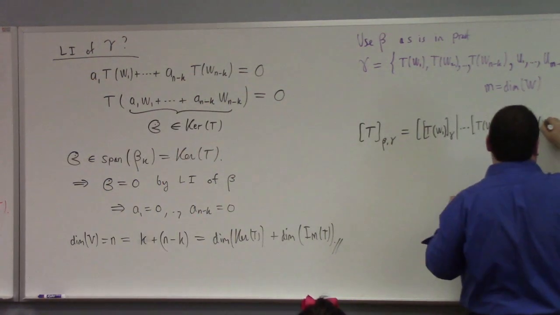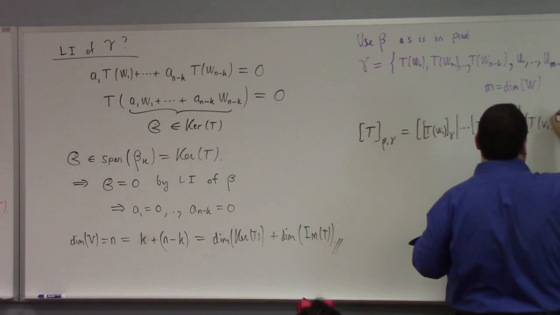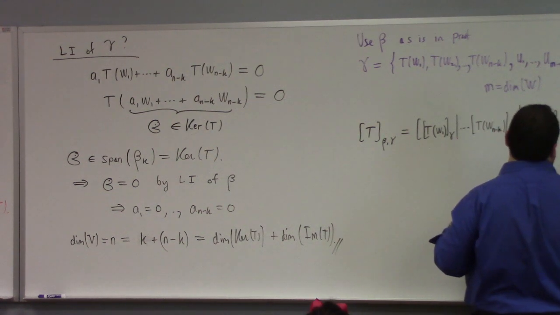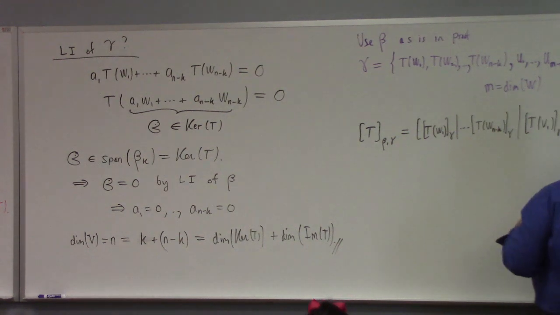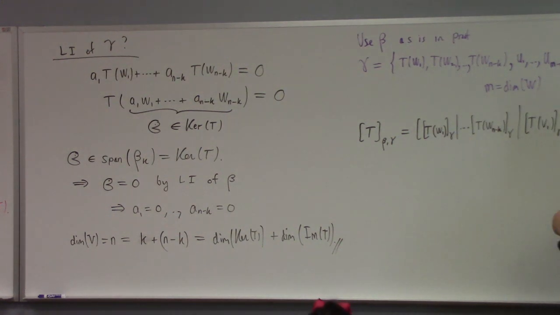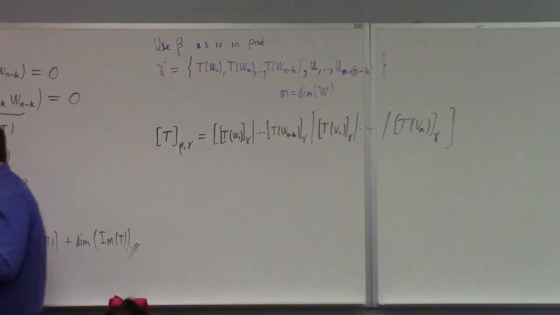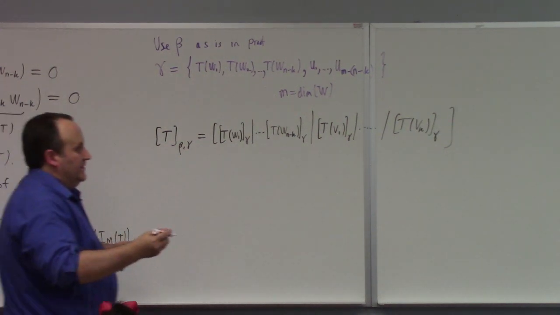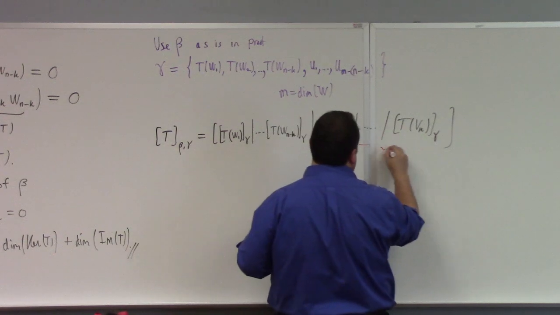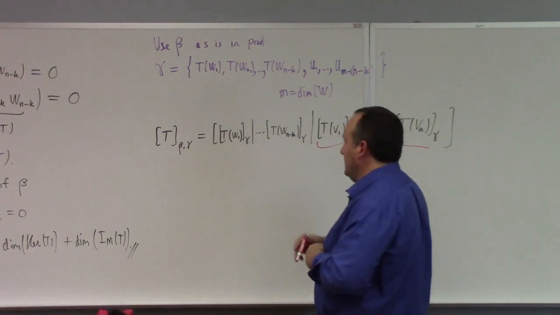The kernel basis. Now by construction, the last bunch of columns are all 0, right? Because those are kernel basis. T maps those to 0, right? So these guys are all 0.